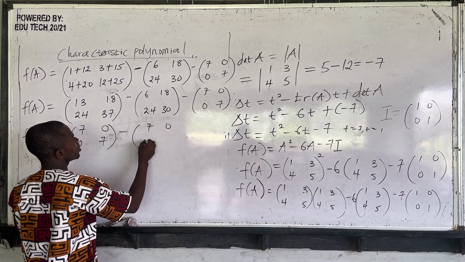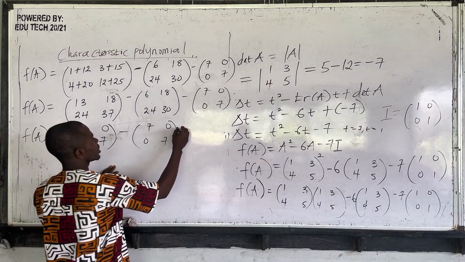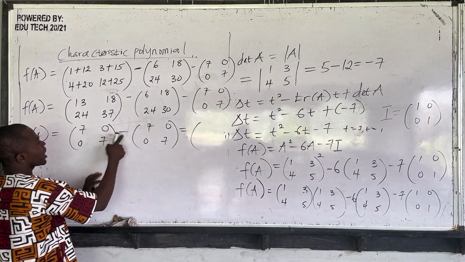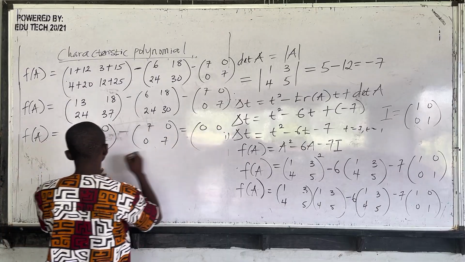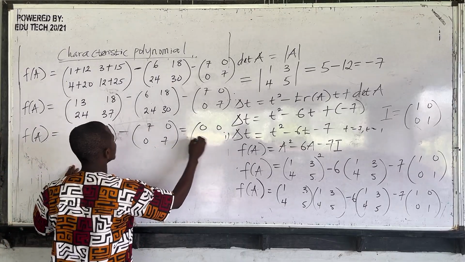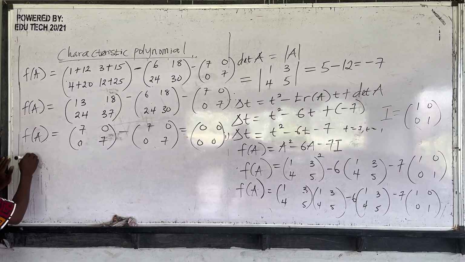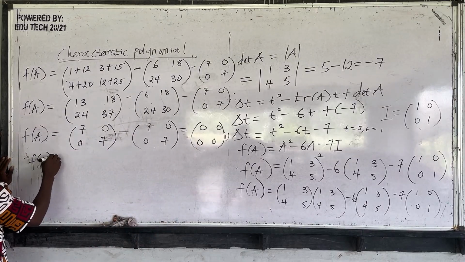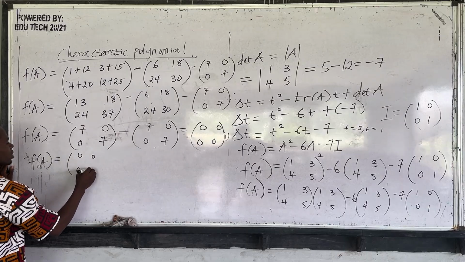Minus, what is here? 7, 0, 0, 7. If I now subtract, it gives me 7 minus 7 is 0, 0 minus 0 is 0, 0 minus 0 is 0, 7 minus 7 is 0. So as you can see, therefore, my f of A is equal to 0, 0, 0, 0.